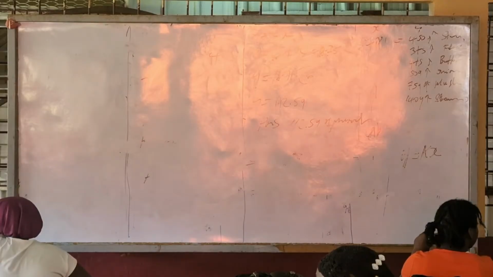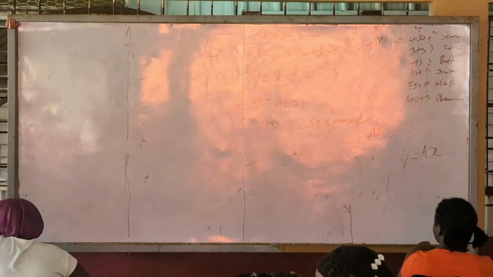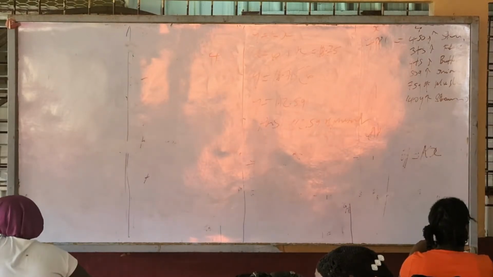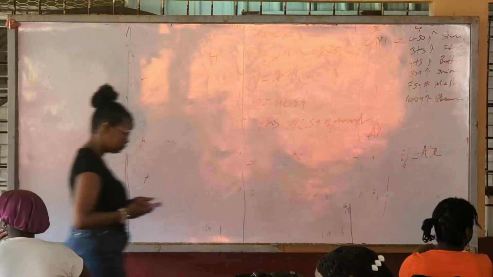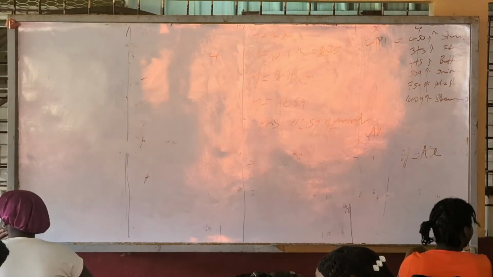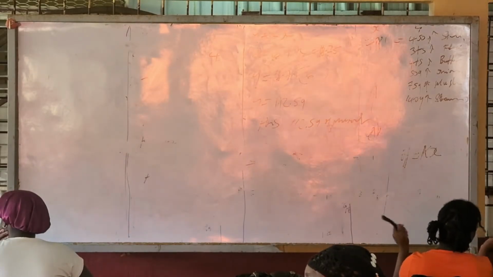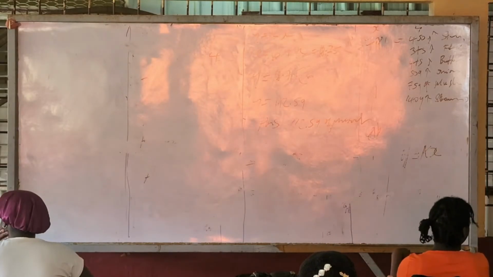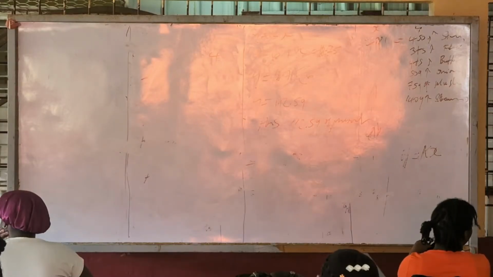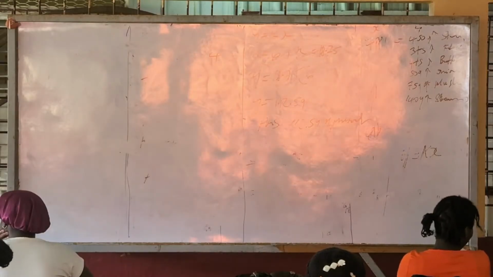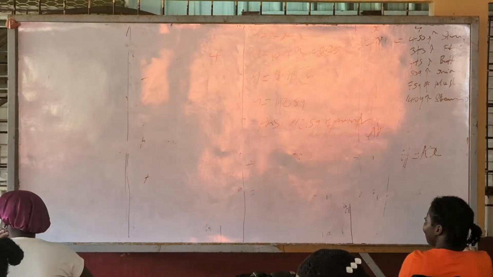I can't even understand it. K equal 35 and x equal 6.